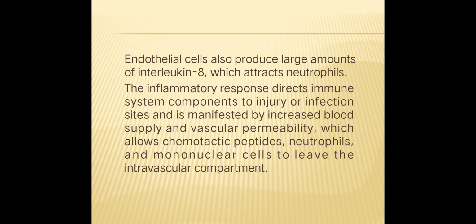The inflammatory response directs immune system components to injury or infection sites and is manifested by increased blood supply as well as vascular permeability, which allows the chemotactic peptides, neutrophils, and mononuclear cells to leave the intravascular compartment.